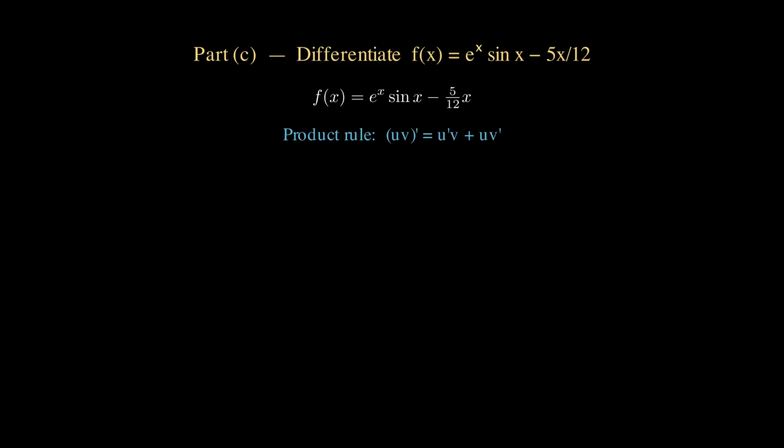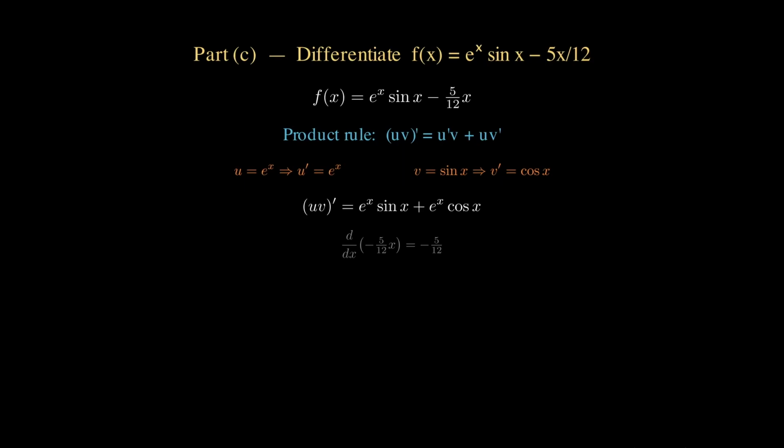Let u equal e to the x, so u prime equals e to the x. Let v equal sine x, so v prime equals cosine x. Applying the product rule to the first term, e to the x times sine x plus e to the x times cosine x. The derivative of negative 5x over 12 is simply negative 5/12, a constant multiplied by x.